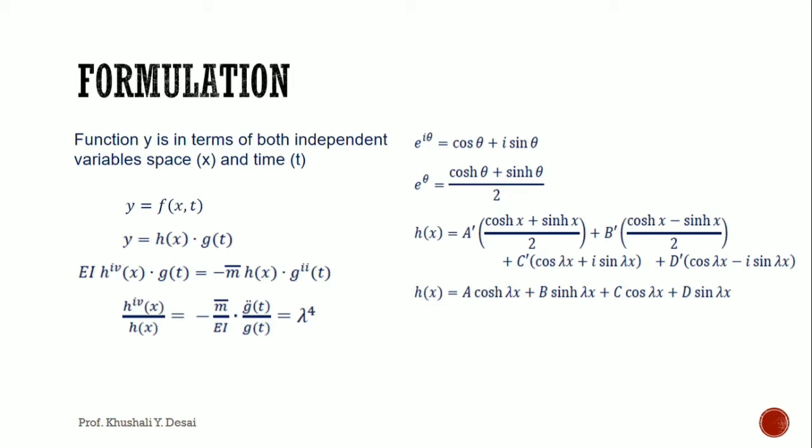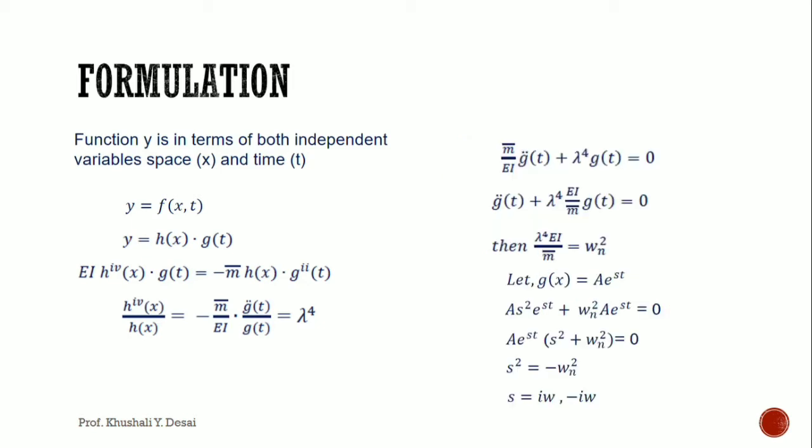Similarly, if you want to find the value of g of t, we'll follow the same procedure using the very first equation. Here, lambda raised to 4 EI upon m bar is substituted in the form of omega n square. Also, we are assuming g of t is equal to A e raised to st. Substituting these values, the value of s is i omega n and minus i omega n.